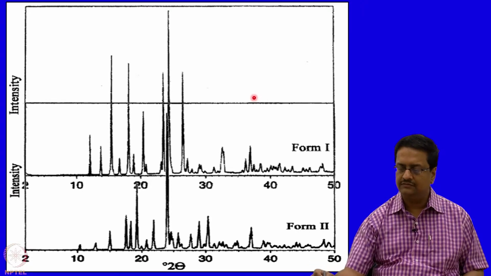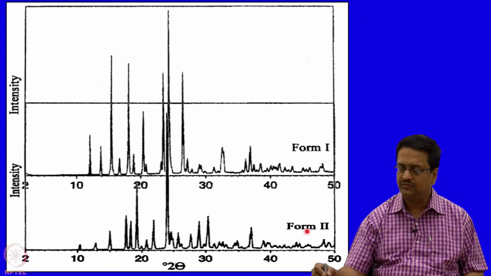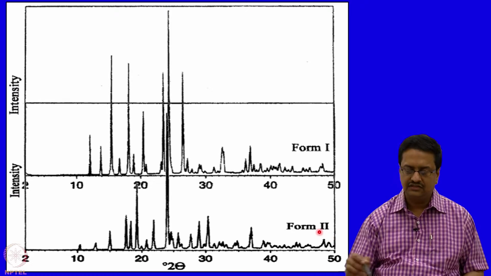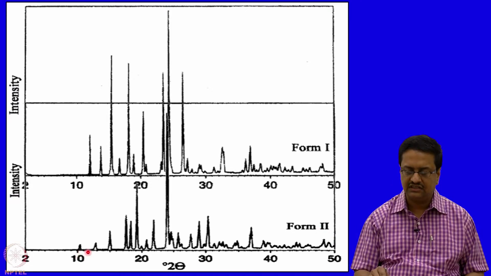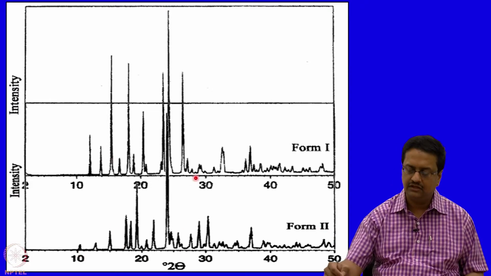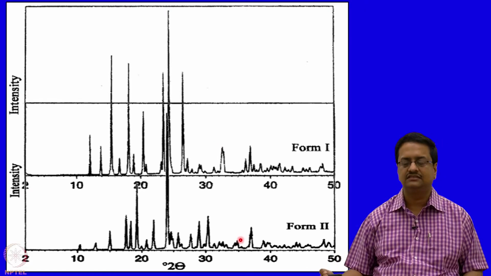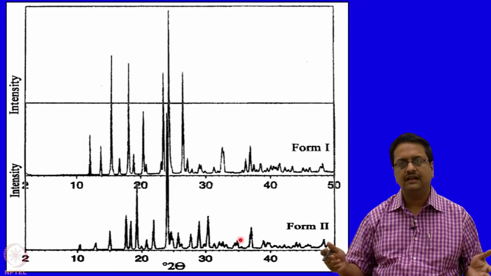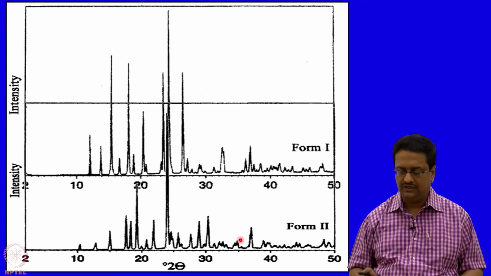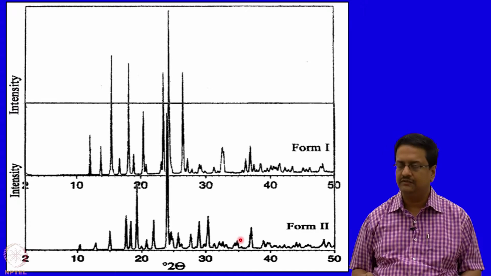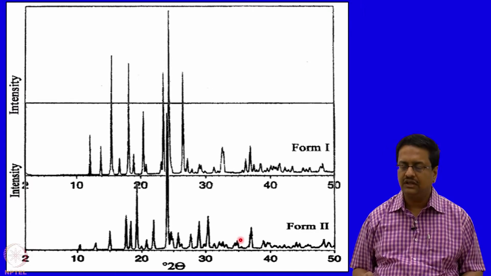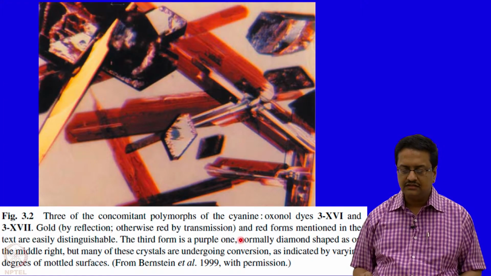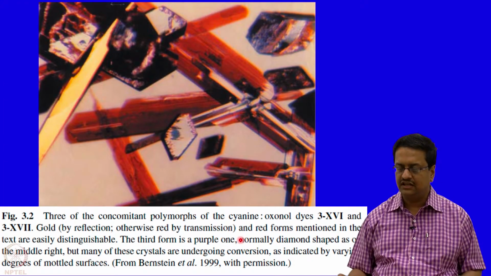So, here we have the powder diffraction data of a particular compound, form 1 and form 2, and you can see that the peak positions and the intensity ratios are different for two different crystal structures of one particular compound. So, when the powder diffraction patterns of one compound crystallized by different methods are different, we indicate that these are polymorphic modifications.